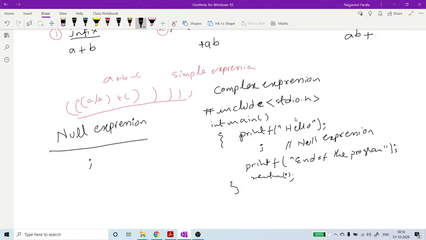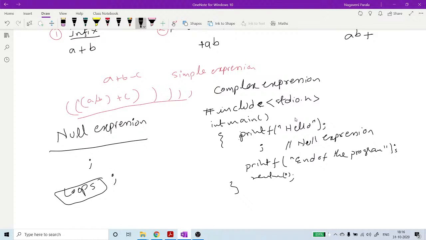And ma'am, what is the use of it? Definitely I'll tell you, it plays a vital role. Sometimes these null expressions are given with loops. In further sessions we are going to discuss loops, and with the help of loops, if you use the semicolon, the results will vary a lot.